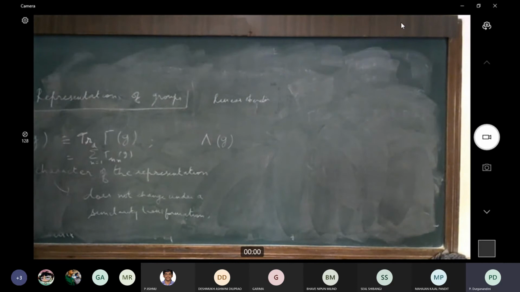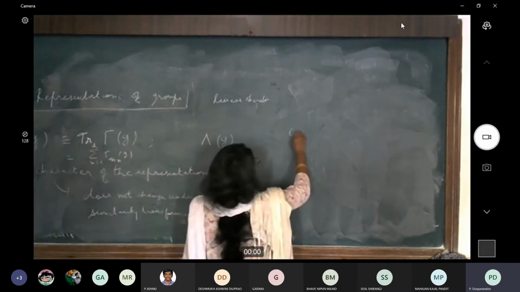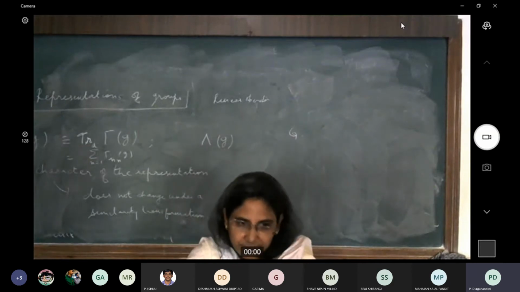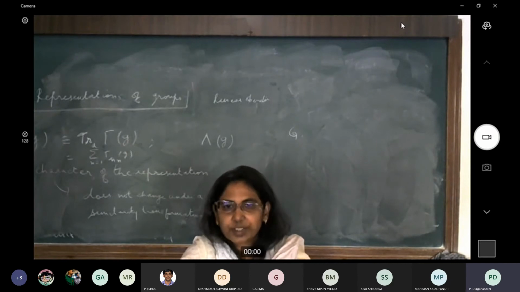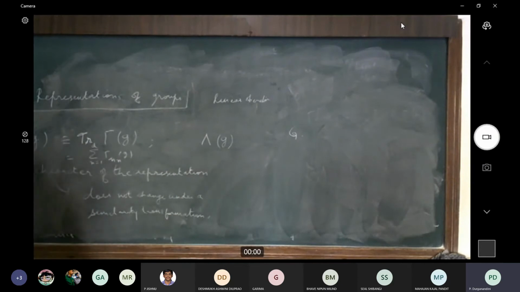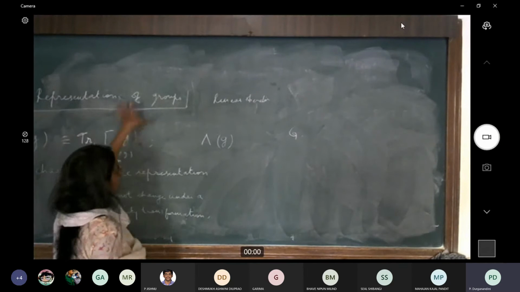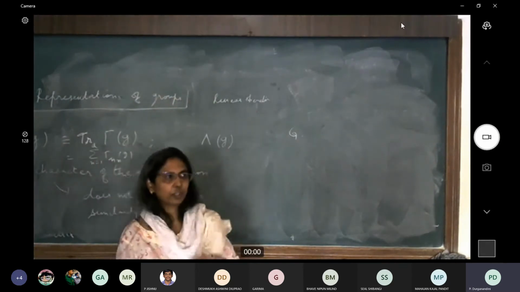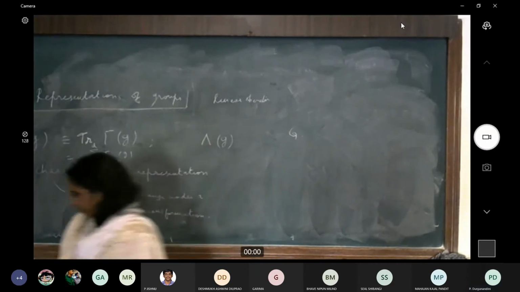Further, one can show that a group can be partitioned into what are known as conjugacy classes, and for each of these conjugacy classes the character remains the same. So calculating the character of a representation is a very important part of studying these representations, because knowing the character will tell me a lot about the nature of the representations of the group.